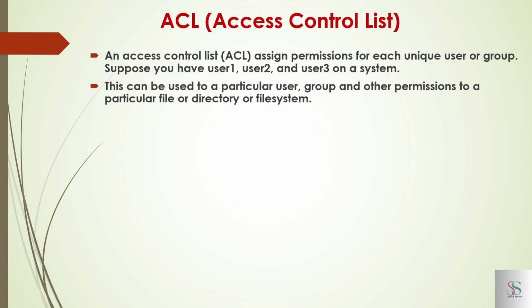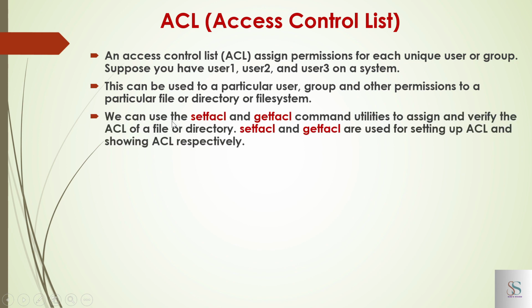For example, user 1 can have only read or execute permissions for a particular file or directory. This can be used to give a particular user, group and other permissions to a particular file, directory or file system. We can use the setfacl and getfacl commands to assign and verify the ACL of a file or directory.